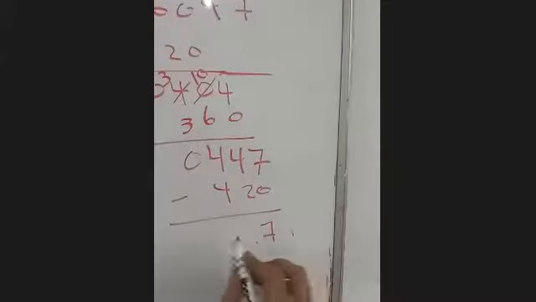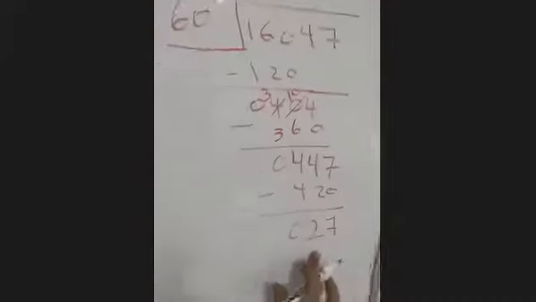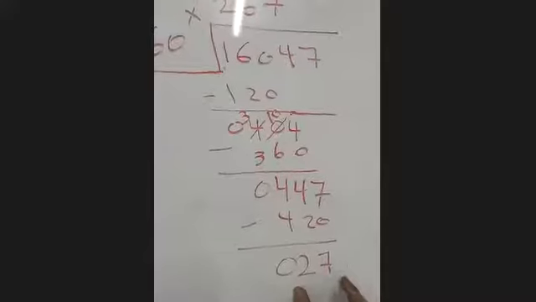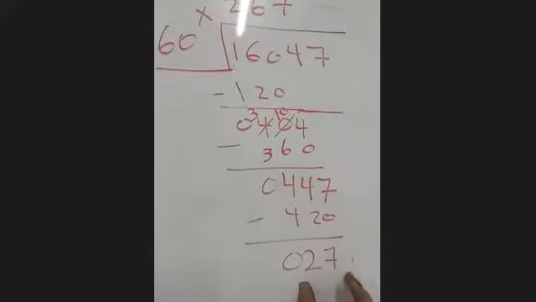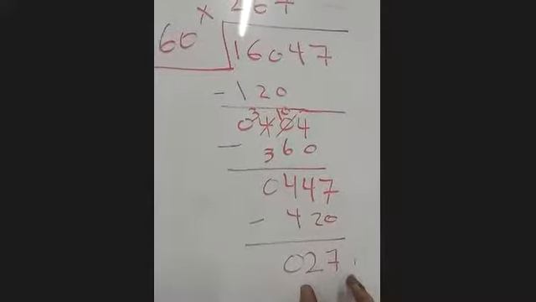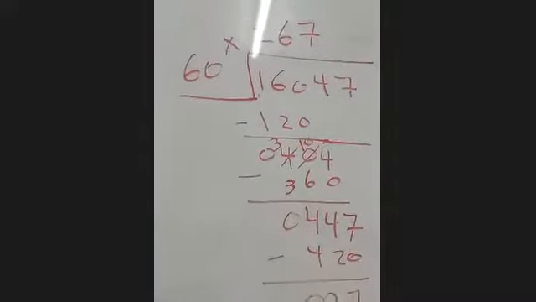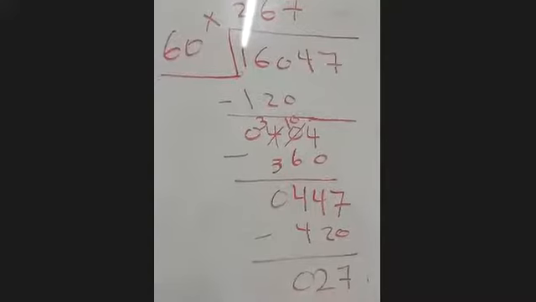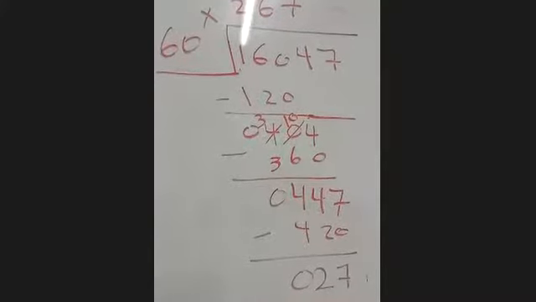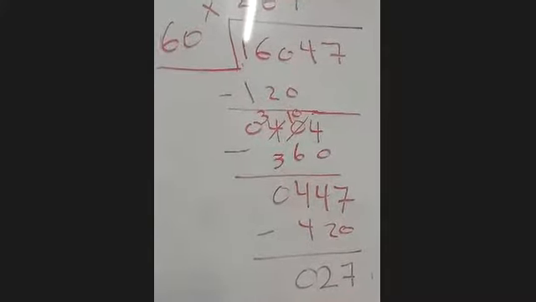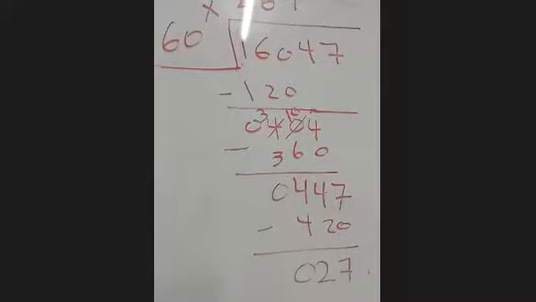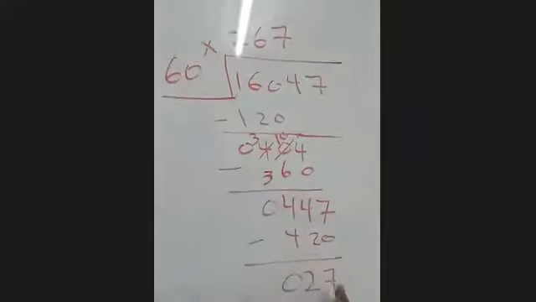Here 7, 2, 0. 27 is less than 60. 27 is less than 60, right? 27 less than 60. This is the remainder.